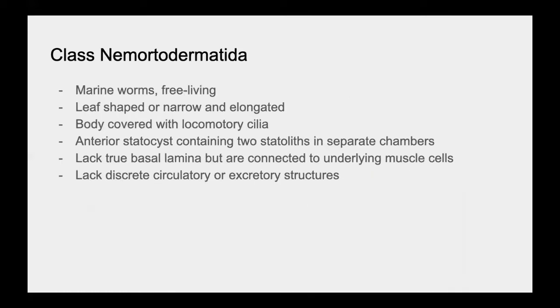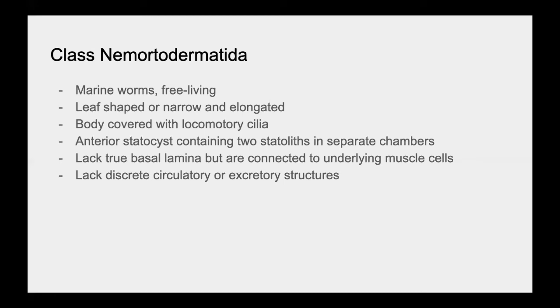Next is the class Nematodermatida. Sorry, I don't know how to pronounce that. These are marine worms. These were originally found on the Swedish coast. They are free-living, usually found in fine sand, mud, or gravel. They also range from 1 millimeter to 1 centimeter, as well as the other class, and they are leaf-shaped or narrow and elongated.